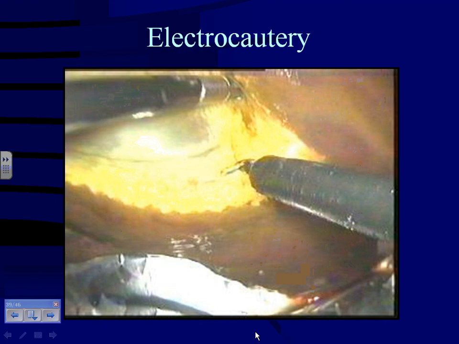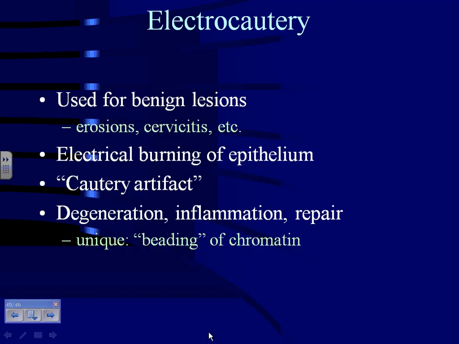Same thing with patients who undergo cautery therapy, where they apply hot probes to treat areas or excise lesions. This looks like some scary movie here. I don't know. All right. That looks bad. Okay, electrocautery can be used for benign lesions, but not very commonly. Most often, it can be used for treating dysplasias.